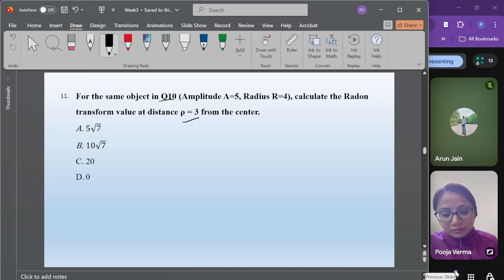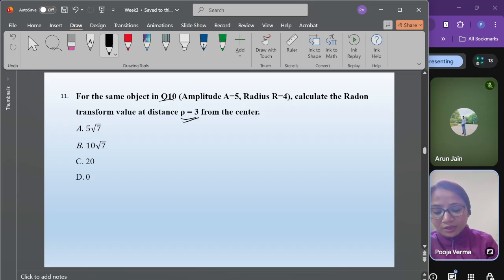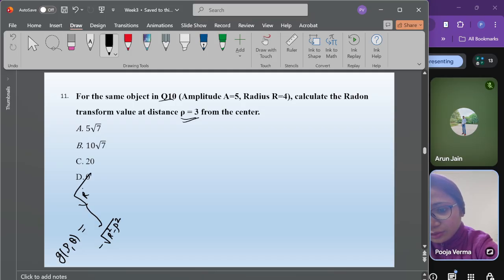What he is telling is that because it is a circular object and here rho is defined, rho is not equal to 0. So we need to put it in this integration, then you will get it. Previously with this equation, here rho is equal to 3 and the amplitude is also given. In this integration, it will vary as the square root of R square minus rho square, and here it is a minus.